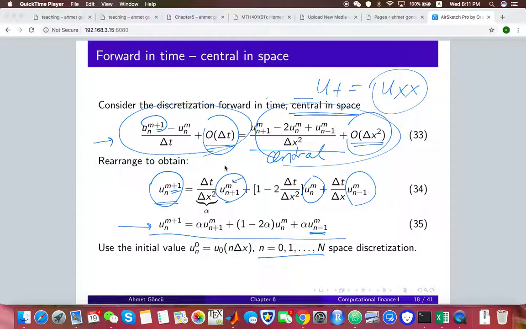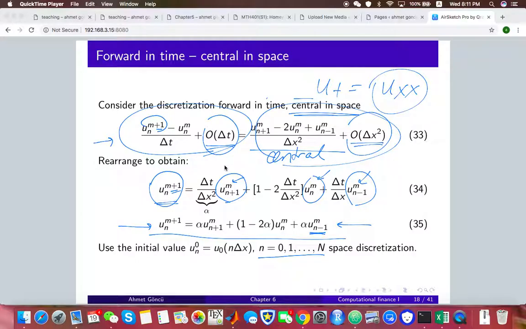And you can notice that these indices with time step m, we can calculate these values starting with the initial condition. So we get this equation 35 here, and what we will do is basically we will start with the initial values, and also at the boundaries we will use the boundary condition, and therefore by going forward in time we can calculate the next point on our mesh.